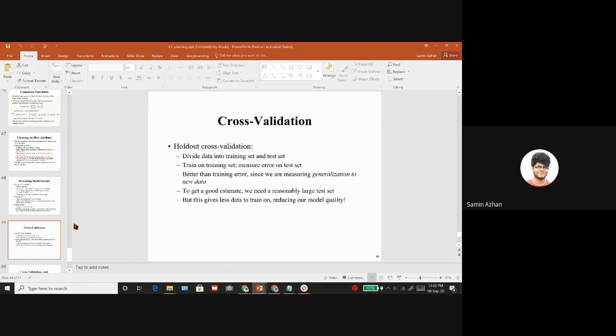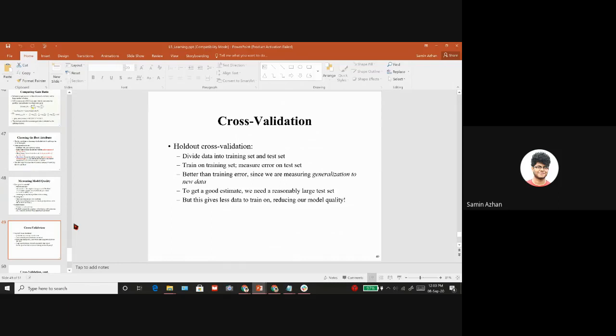Compare the accuracy, compare the predictions, and then come to a conclusion that for your training data set, this algorithm was more accurate than that one. This is the basic idea of cross-validation. You're trying to validate within multiple machine learning algorithms.